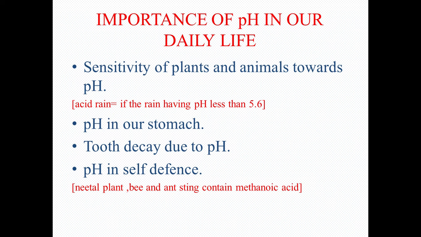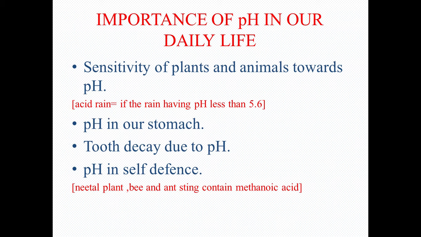Similarly, animals are also affected by pH. Next one is pH in our stomach. It is an important use of pH in the breakdown of food material, that is called digestion.